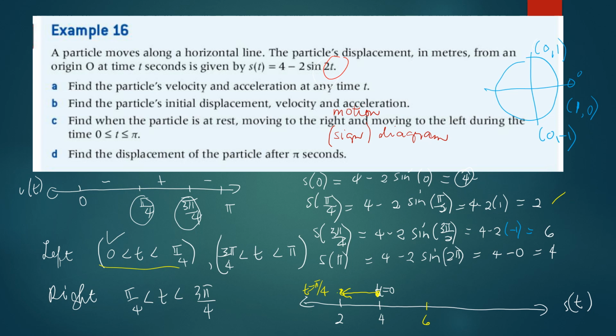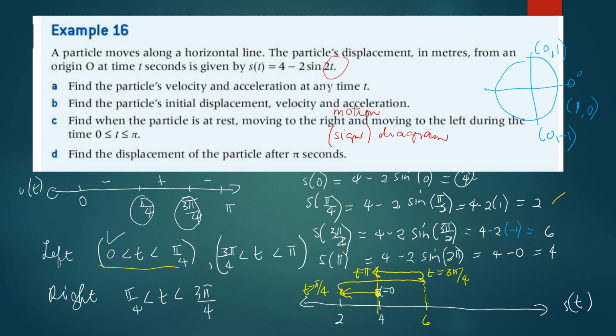So from here, this is t equals 3 pi over 4. And then from here, we move back to where it is 4, at time equals pi. So what's the displacement?